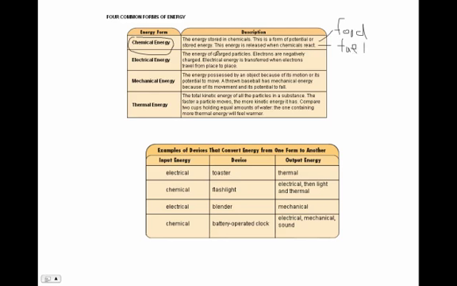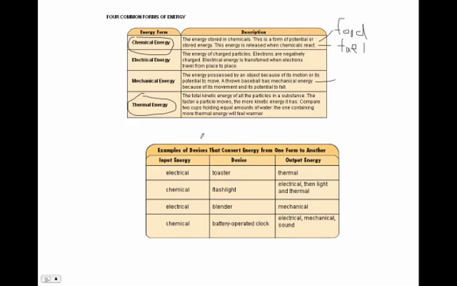Electrical energy, we know, has to do with moving electrons. Mechanical energy deals with the motion of things. For example, a windmill has mechanical energy. Basically, any mechanical device that has moving parts to it. And a fourth common type of energy we see is thermal energy. That's energy associated with heat.